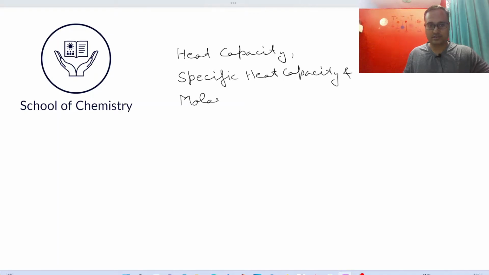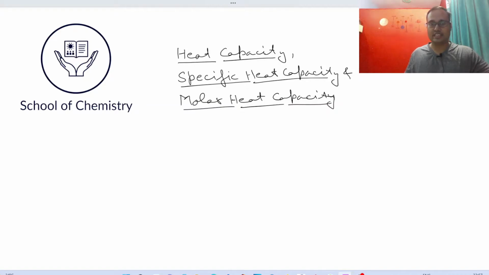These three types of heat capacity we are going to study. Let us first start with the heat capacity.